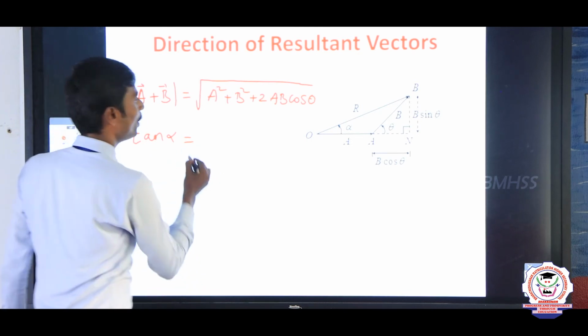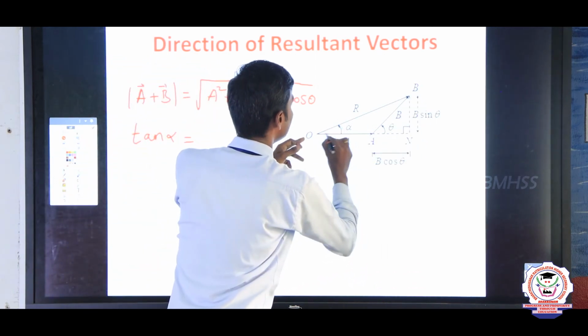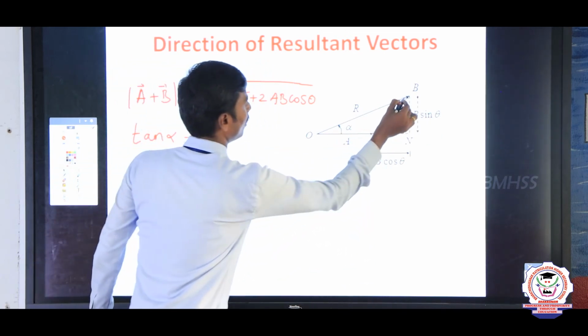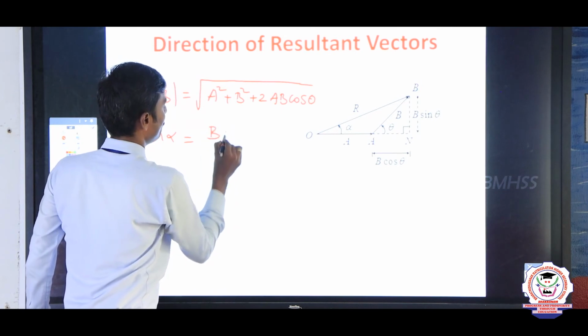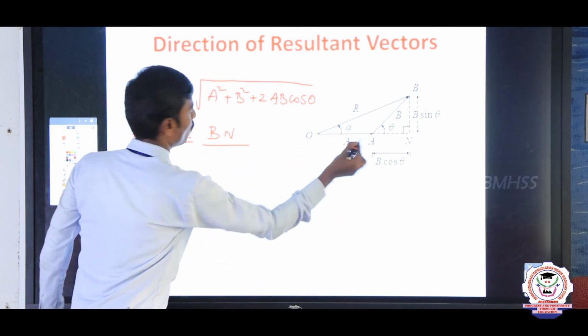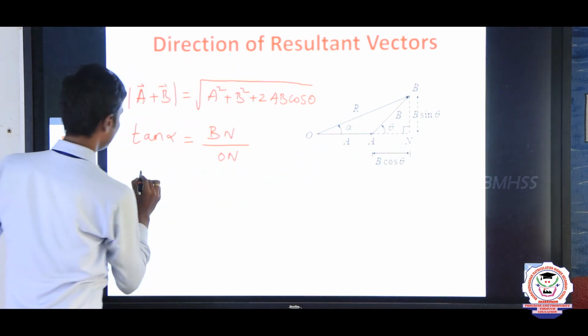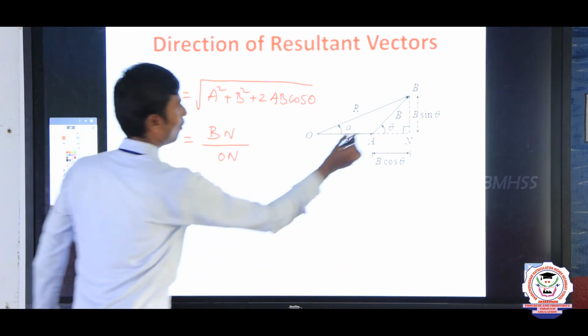So tan alpha equals opposite side B sin theta, which means BN by ON, a simple concept. Similarly, tan alpha equals BN value. What is the value of BN?